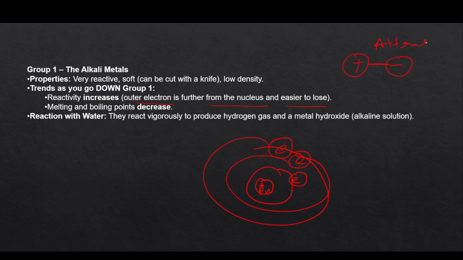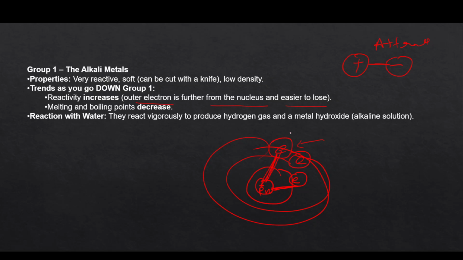So what will happen here, this electron and this proton, there is attraction. Because this first electron is in the first orbit, it will be difficult for this electron to lose, because attraction is more. And the last orbit, which is also called the valence orbit or valence shell, the attraction is less here because they are far from each other.